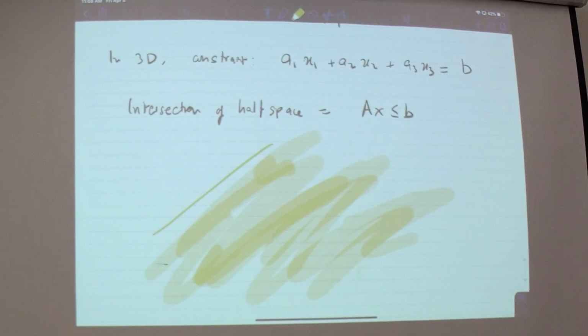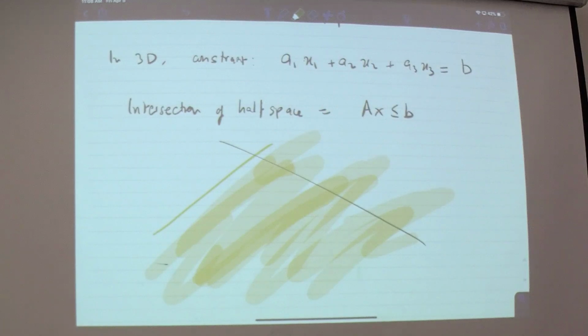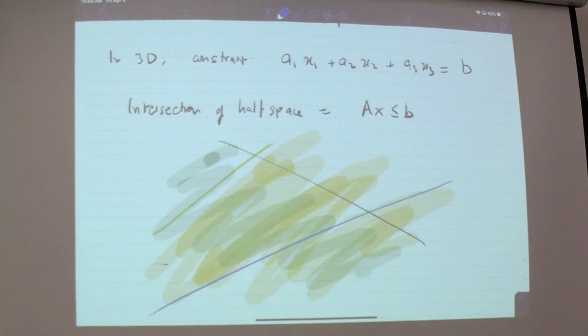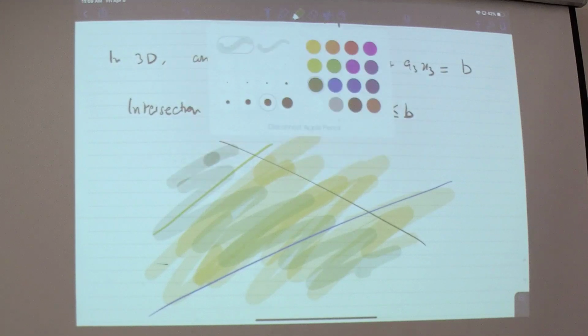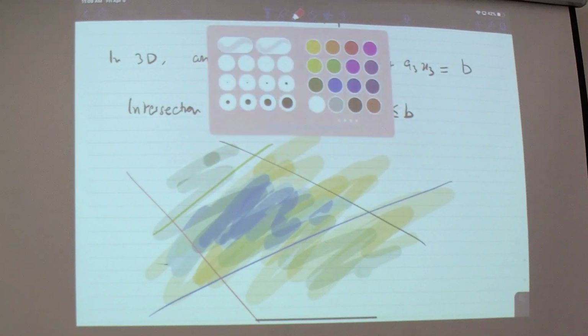But now comes along a new one, maybe this way, and now its region of feasibility is everything on this side of it. Then along comes another one, and maybe its region of feasibility looks like all of this stuff. And then along comes another one, and maybe its region of feasibility looks like everything here.